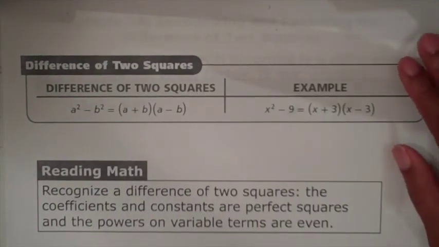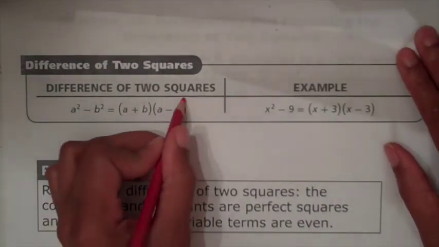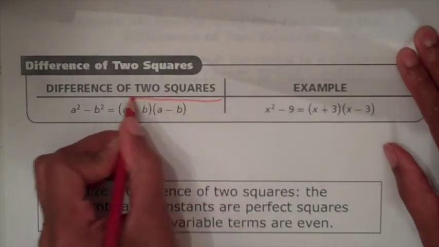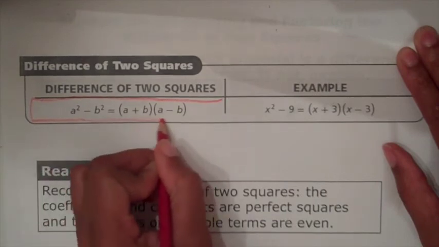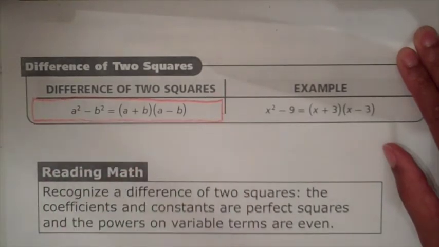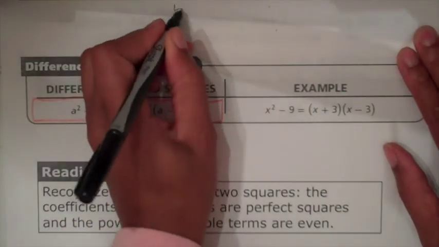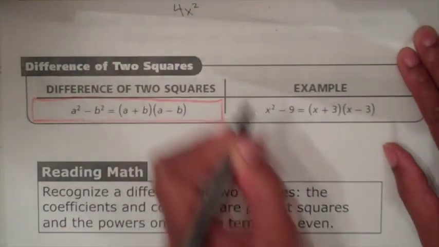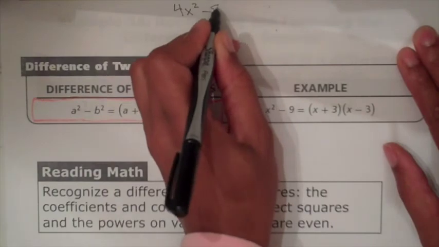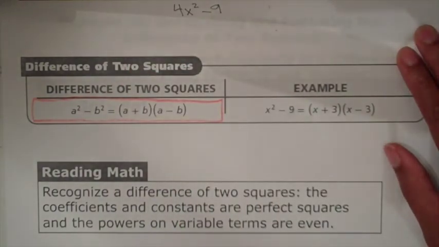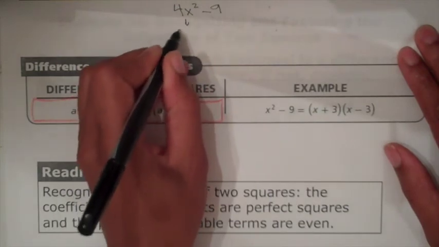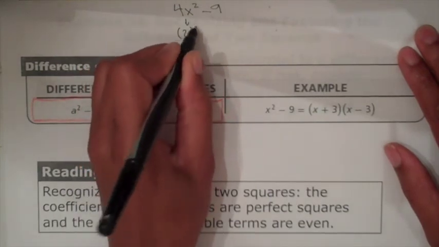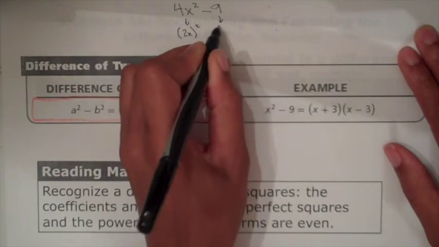Okay, and here's the rule that we're going to use. a squared minus b squared factors into a plus b times a minus b. So on the example on the previous page, for 4x squared minus 9, we would say, okay, 4x squared is 2x squared, and 9 is 3 squared.